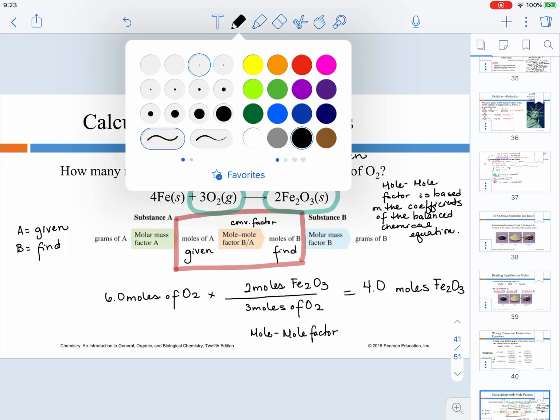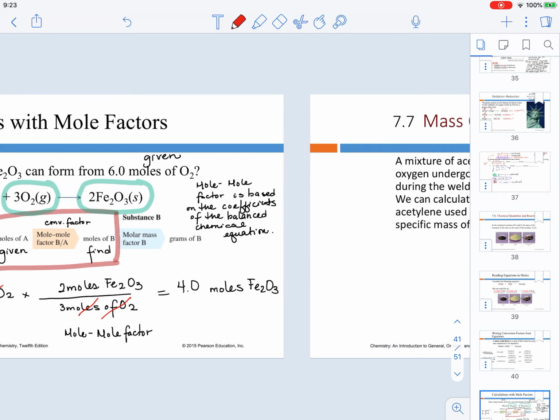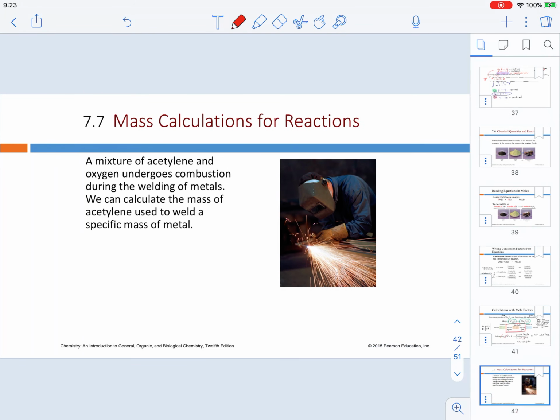And this is how you do a problem in which you are given moles of one substance and you change into moles of another substance within a chemical reaction. Now, we also have mass calculations in reactions, okay? When it comes to mass calculation, what we're doing is changing from grams of one substance to grams of another.